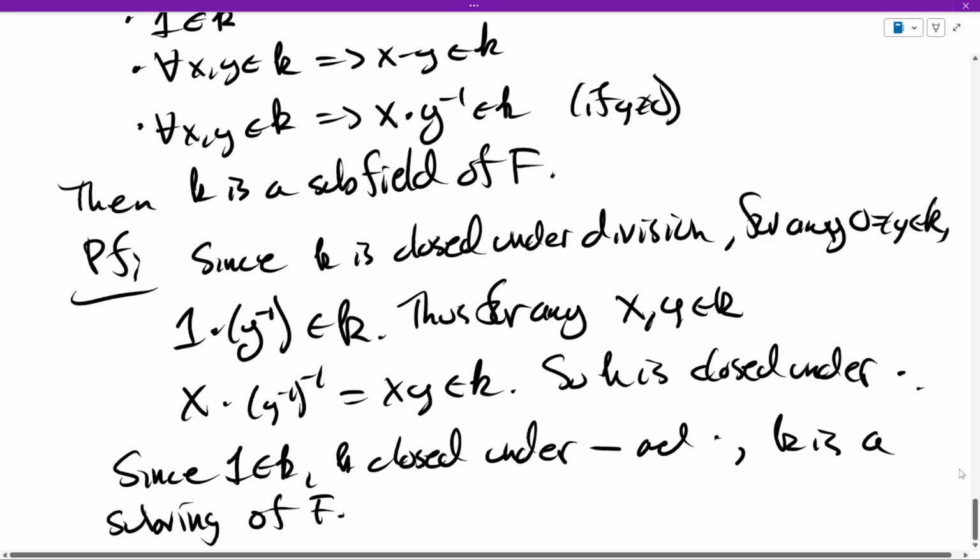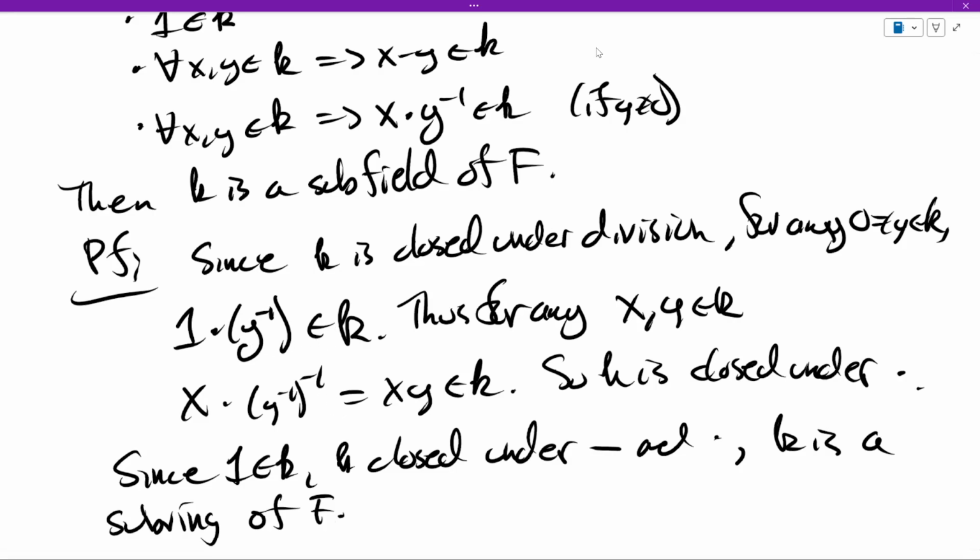The only thing that remains to check for it to be a subfield is that we need to have multiplicative inverses of non-zero elements. Okay, we've already done that. And we need to have a commutative multiplication. Those are the only differences between being a subring and being a subfield. But F is a field.